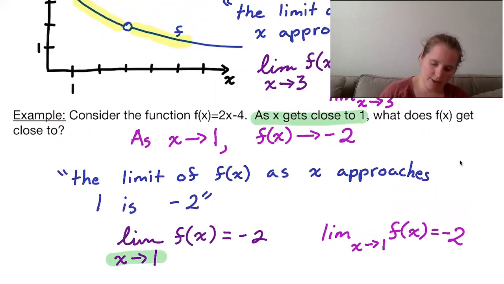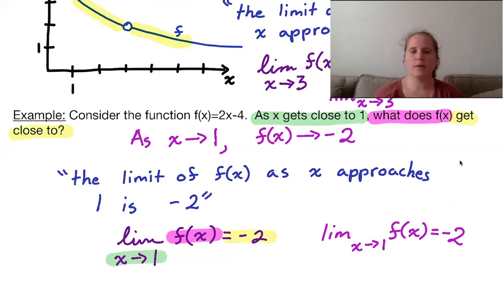Then we were asked about f of x. So what does f of x, so there's our f of x, get close to? And that's our -2.